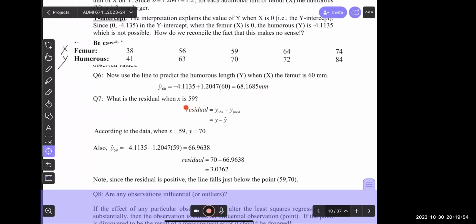What is the residual when X is 59? Now, here's X of 59, and the observed value was 70. So this is going to be Y observed when X is 59.